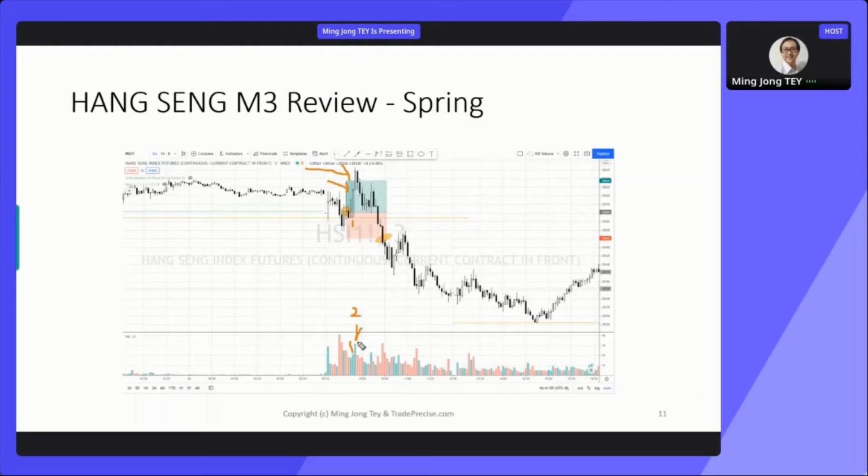So with an increase of effort, what's the result? It's a smaller spread compared to the previous candle. That suggests there is presence of supply, and eventually that was confirmed by the subsequent bearish results.